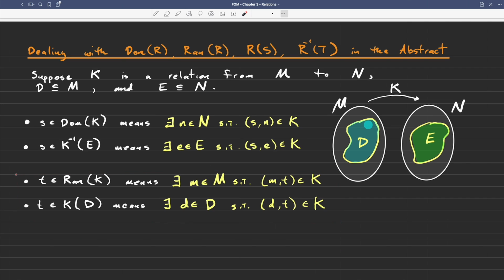Range is sort of like all the possible second components, whereas the image are just those special second components that get paired up with things in the specified set in the domain.